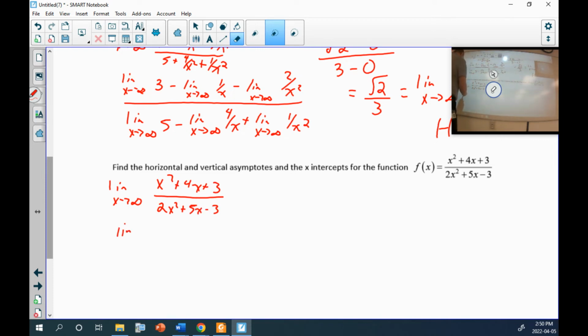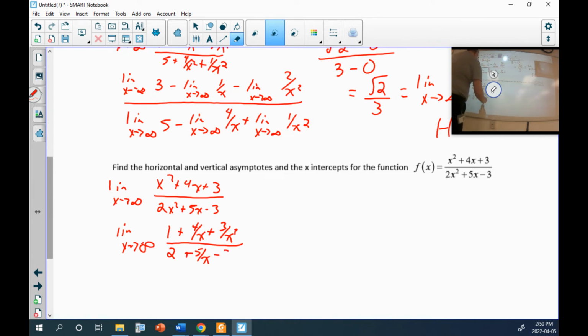this becomes the limit as x approaches infinity of 1 plus 4 over x plus 3 over x squared divided by 2 plus 5 over x minus 3 over x squared. 1 plus 0 plus 0 over 2 plus 0 plus 0.